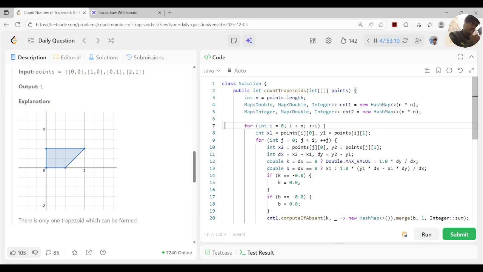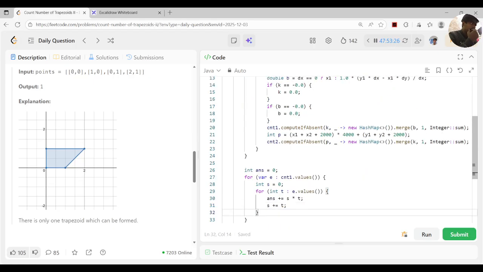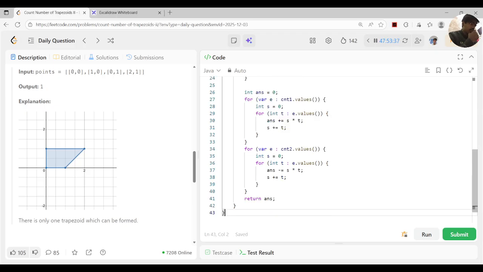Then we loop for x2 and y2 from point j, and we apply the formula we talked about earlier: dx and dy, and double k. If dx is equal to 0, then k is infinity and b is equal to x1. Then int answer, we apply the conditions, and return the answer. Let's run the code.